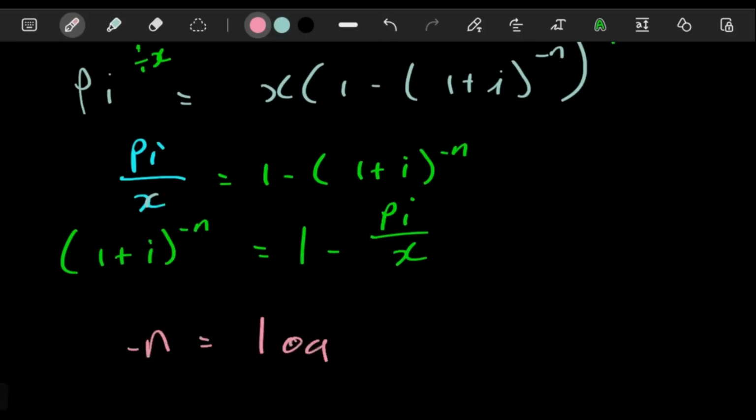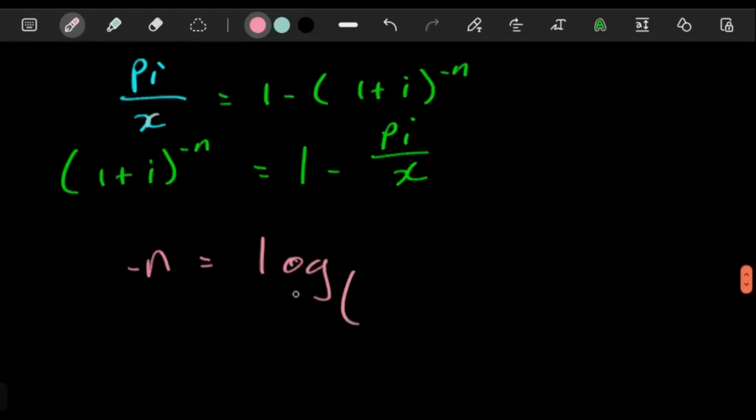It's going to be equal to log, the base is 1 plus I, right? And then whatever this value is, you put in here.